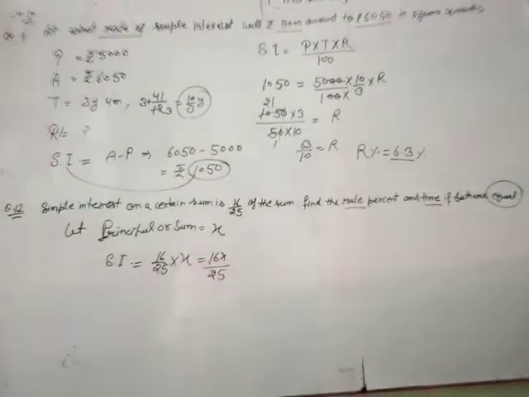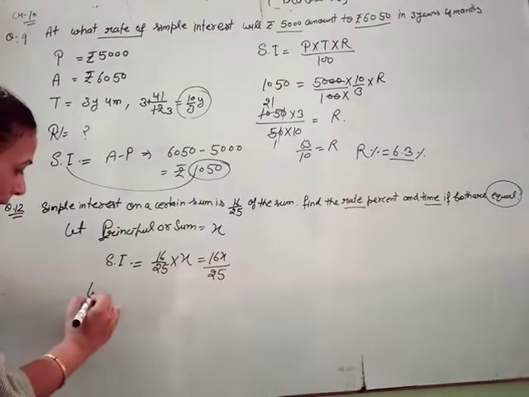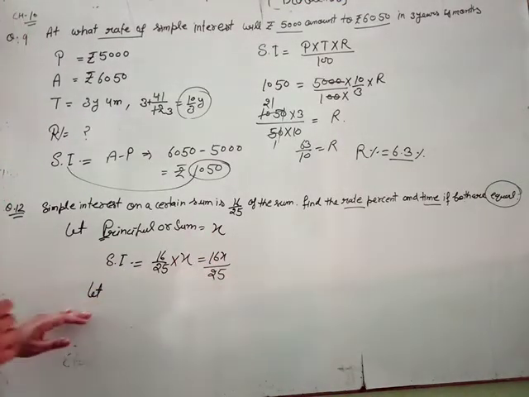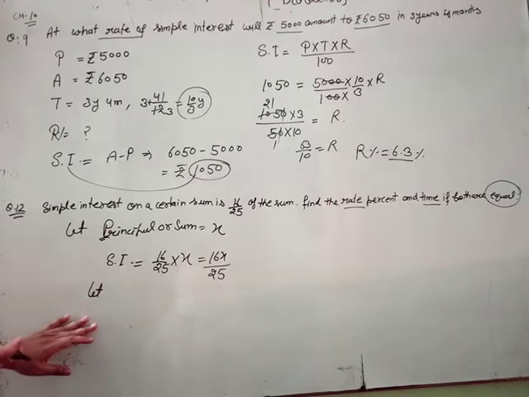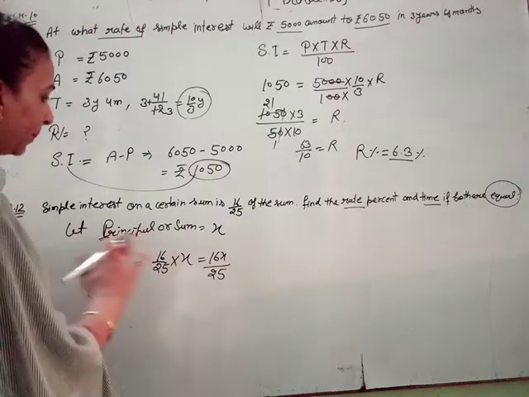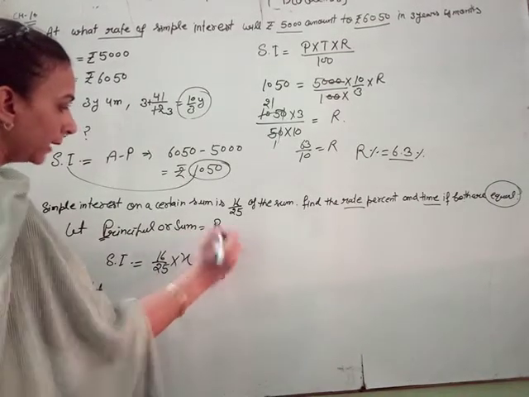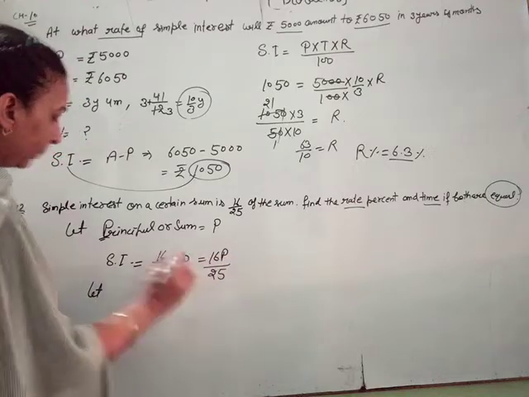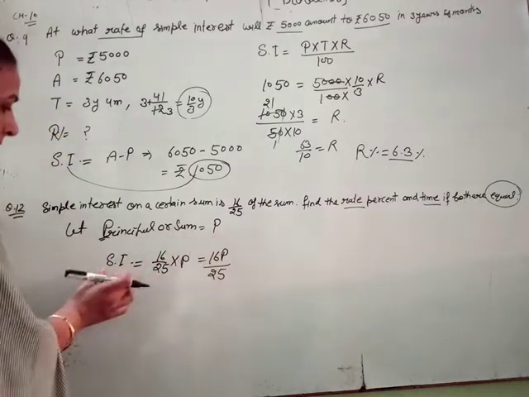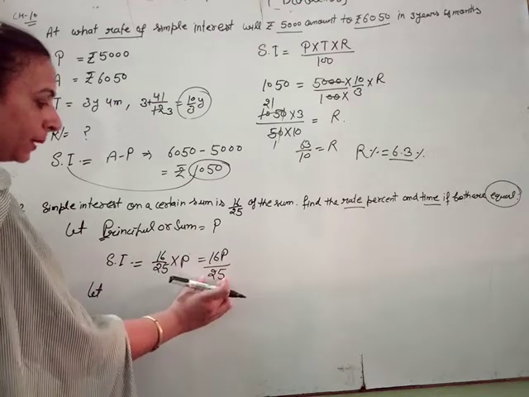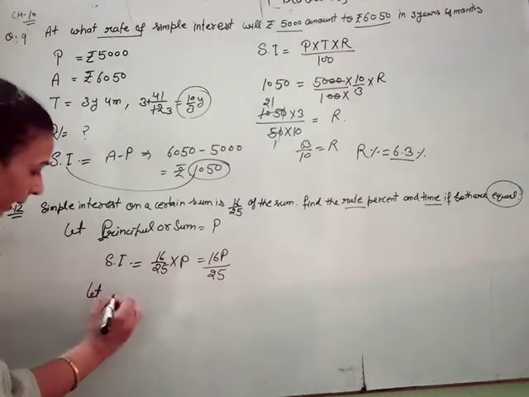Students, let the time period and rate of interest both be numerically equal, so we take it as y. Or if you write principal P, that is easy. Let principal be P, simple interest 16 by 25 of P, which is 16P by 25.